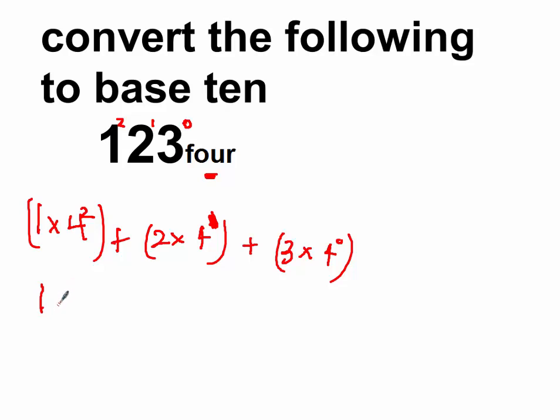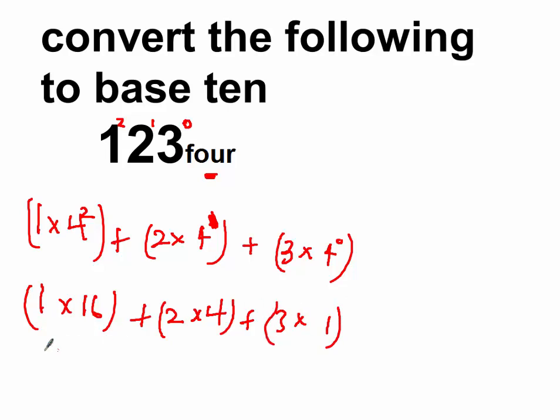1 times 4 to the power 2. 4 to the power 2 is 16, plus 2 times 4 to the power 1. That's 8, plus 3 times 1. Good.